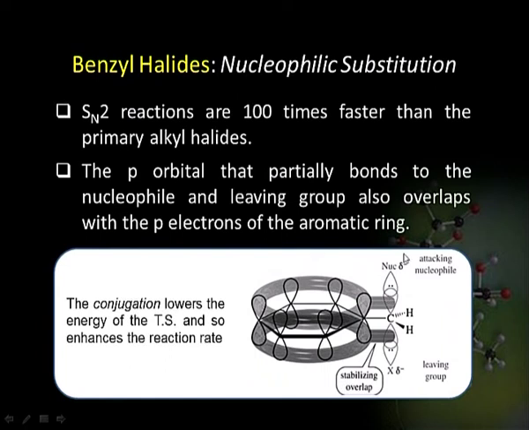You would remember that there is a backside attack and the nucleophile as well as the leaving group remain partially bonded in the transition state. The transition state in case of benzyl halides is highly stable.